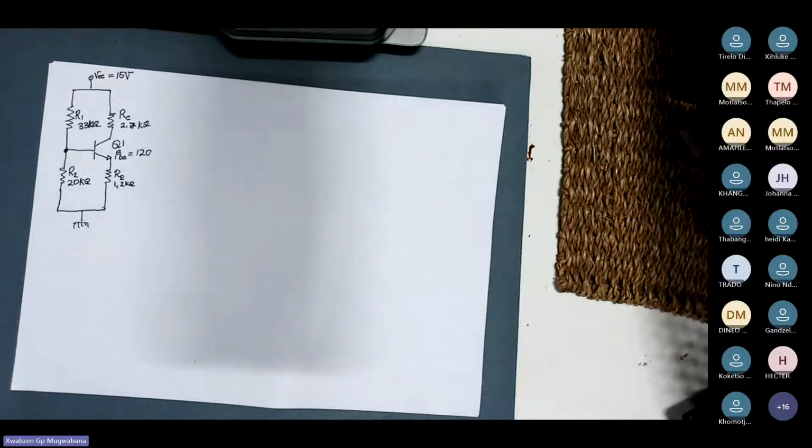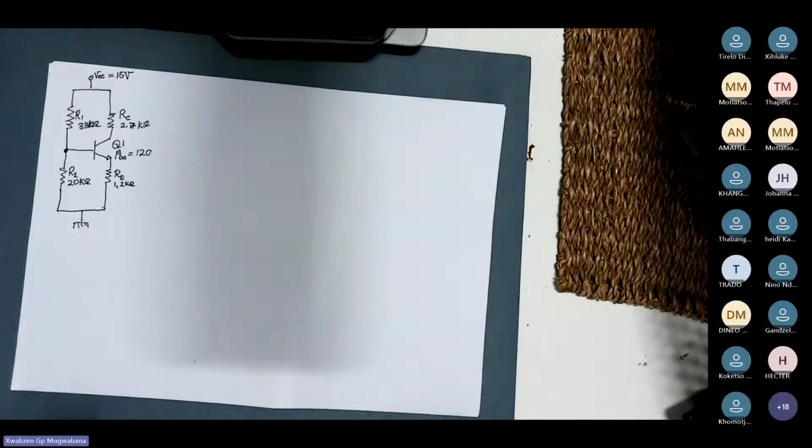Now, when we do our circuit analysis, you will see that there are key elements that we need to determine.